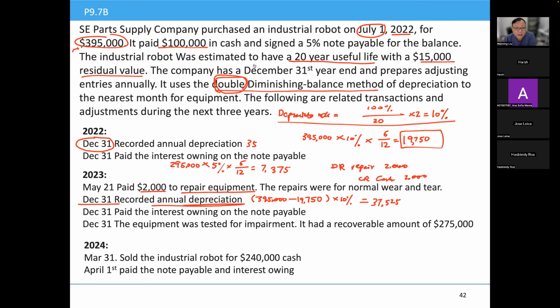Yeah, that's correct. So you can see that to calculate the annual depreciation for the second year, you start with the opening carrying amount of the year, and you times the depreciation rate. Are we okay with this calculation? Does anyone have any question?